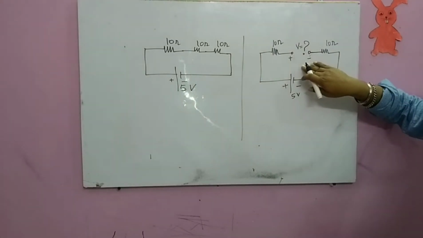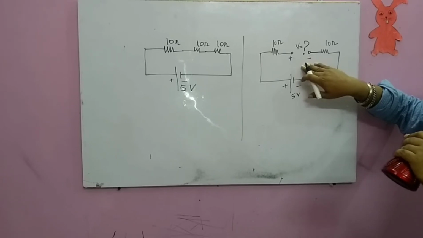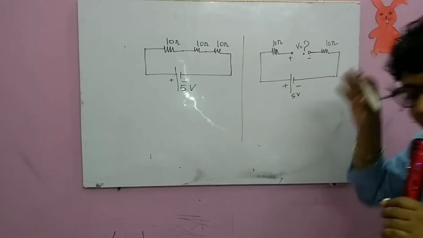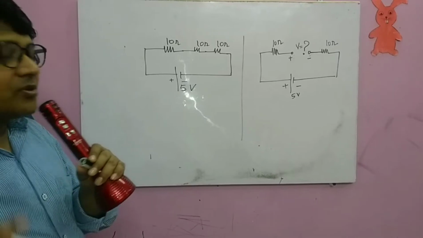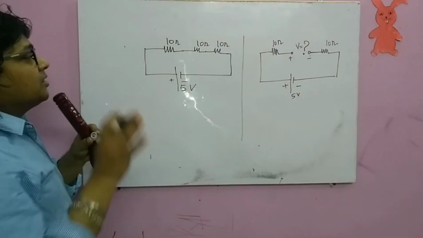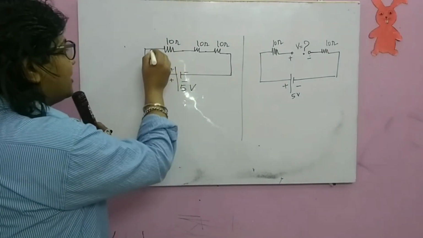In electrical technology, this condition is called open circuit. So it was a very simple problem, not a big question, because you have already gone through the KVL equation.